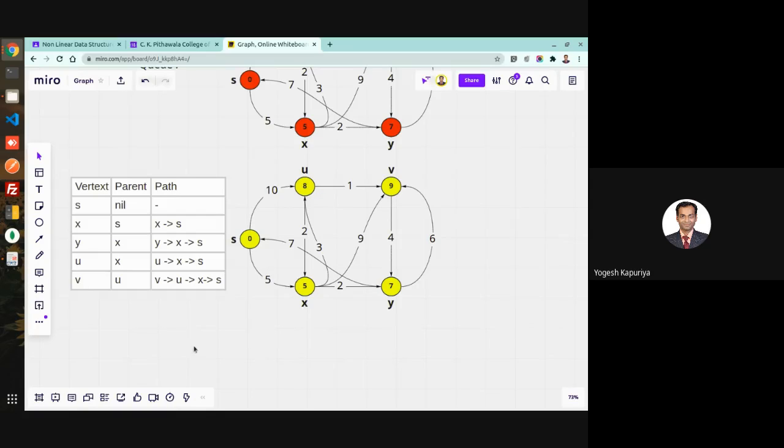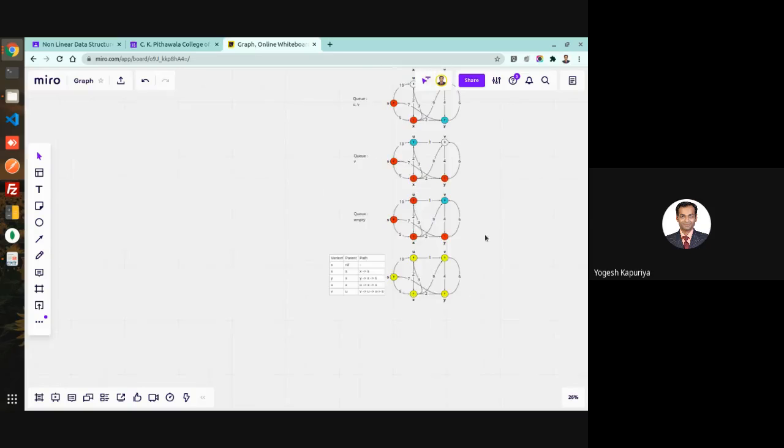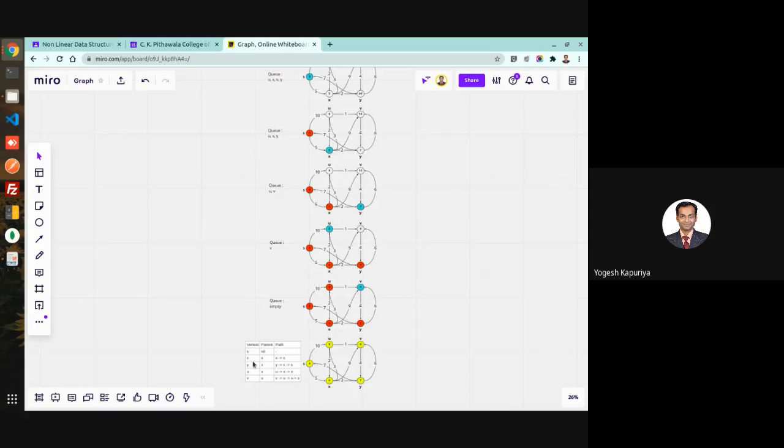And for V, it is S, X, U, V. So S, X, U and V. So 5 plus 3, 8 plus 1, 9. Right? So this way you can compute the shortest path, single source shortest path for any given graph.